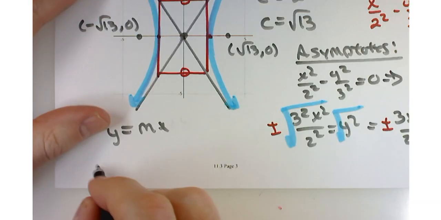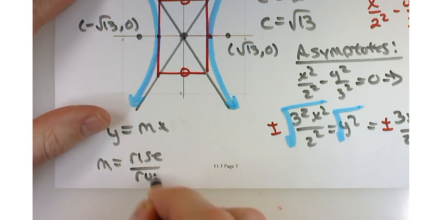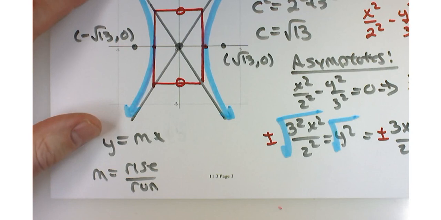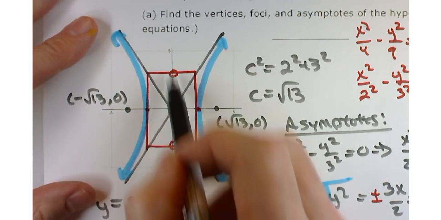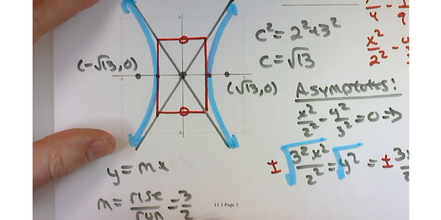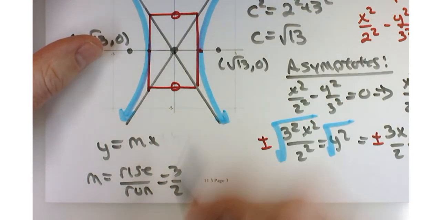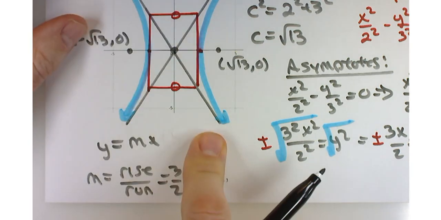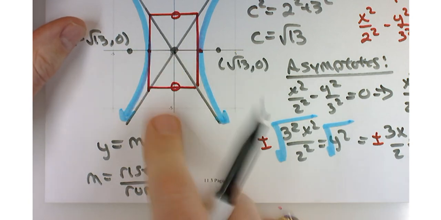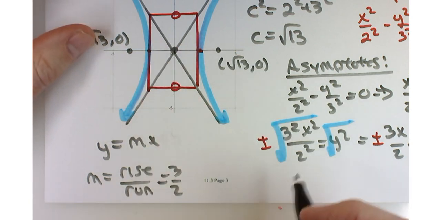Now, m is the rise over the run. That's our slope. If you look, we go up a distance of 3 and to the right 2, so 3 over 2. That's the equation of the line. Y equals 3 over 2 times x. In the other direction, it's the same thing, it's just you're going down, so you have a rise of -3, you'd end up with the -3 over 2.